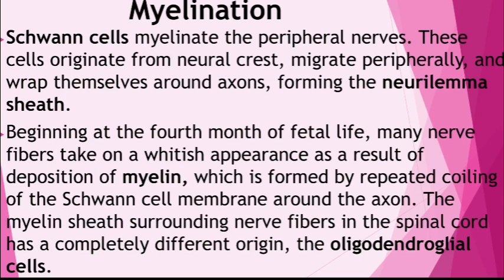The myelin sheath surrounding nerve fibers in the spinal cord has a different origin, however, not from Schwann cells but from the oligodendroglial cells that I mentioned earlier on.